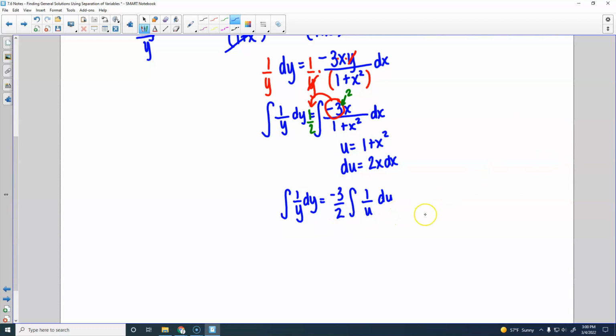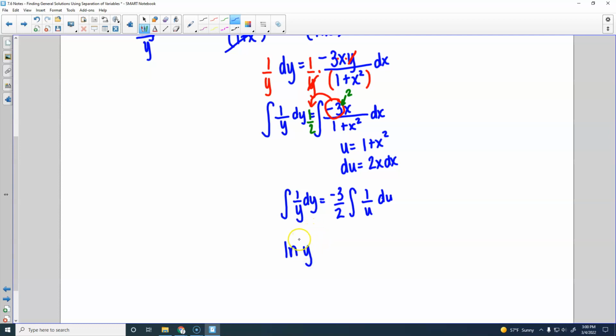Okay. So now at this point we can integrate both sides. So now you would get your natural log of y.